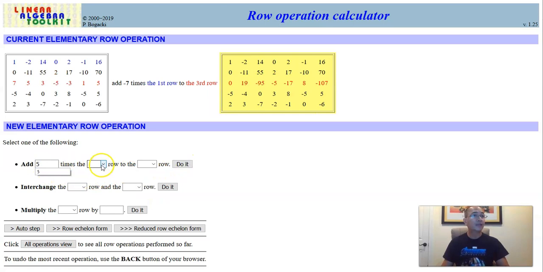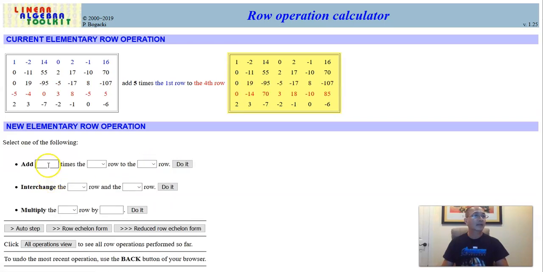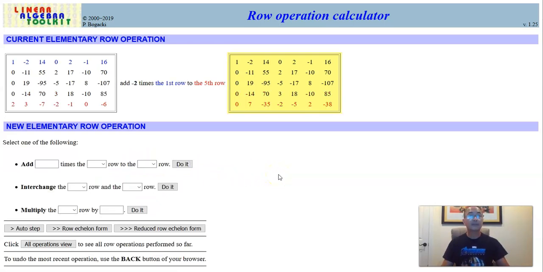Add 5 times the 1st row to the 4th row. And finally, add -2 times the 1st row to the 5th row. Okay, so our first column is now perfect, and we have to work on this smaller submatrix.